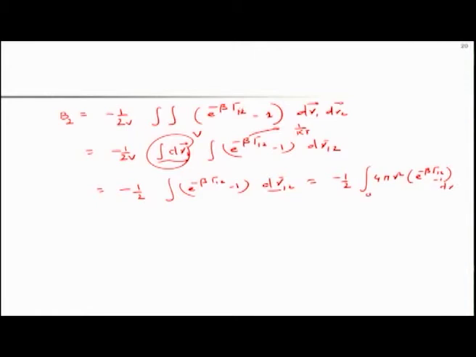Now, we are going to integrate from 0 to infinity using the potential model.